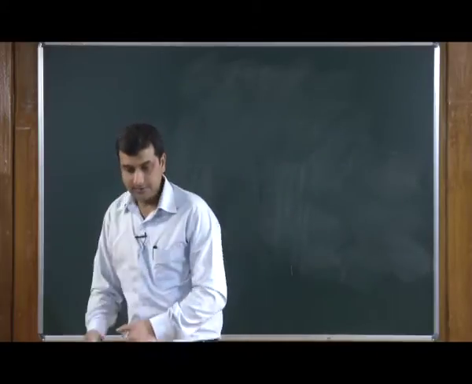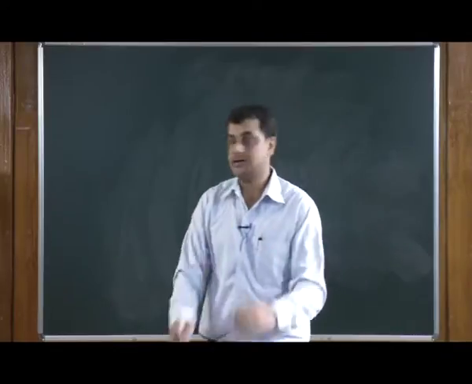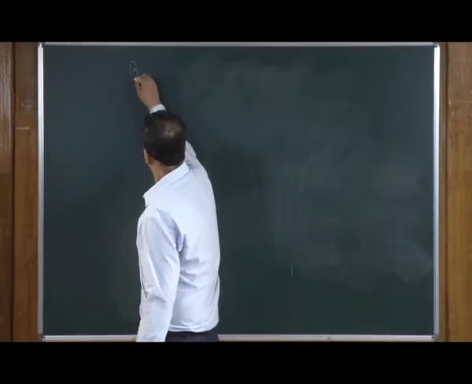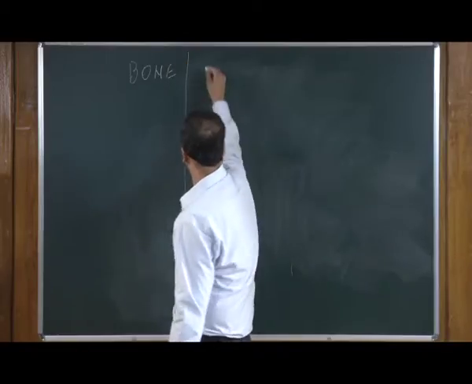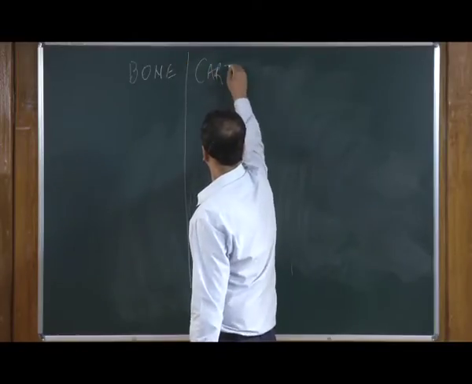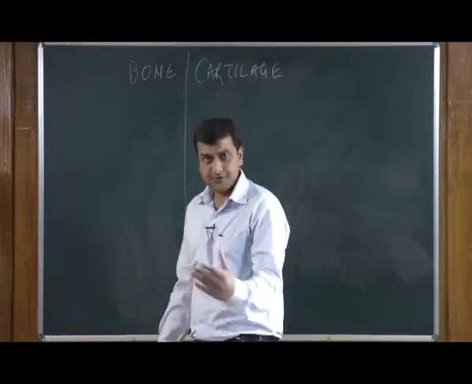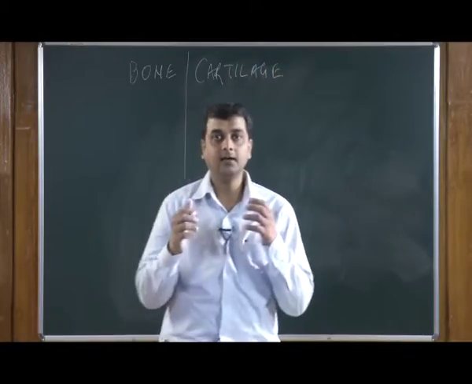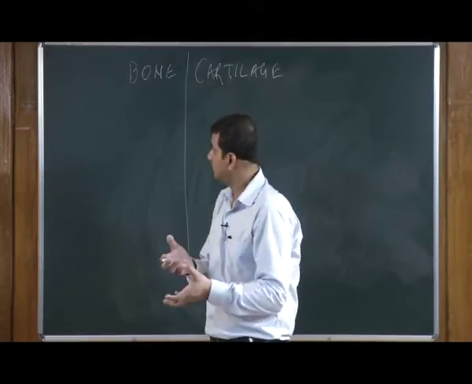So, what we will do is make two columns, and in both columns we will compare the structures. So, we have bone, and on one side we have cartilage. The first thing I discussed is the whole feeling about bone and cartilage.